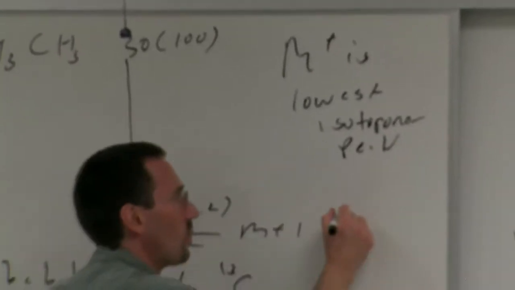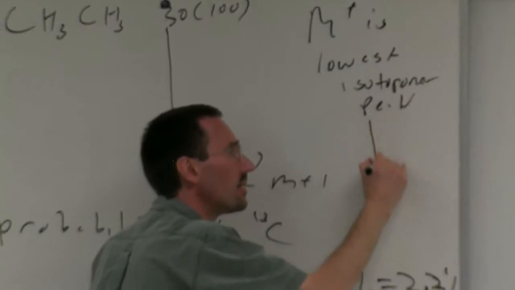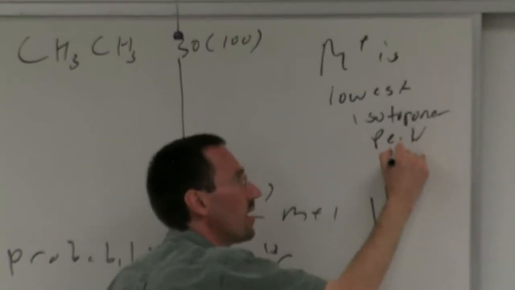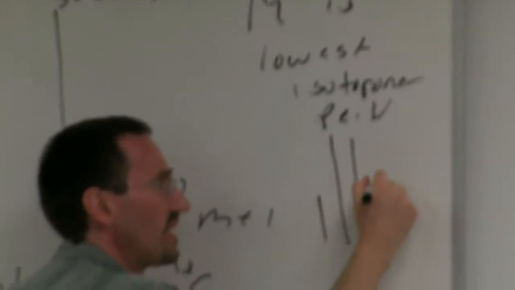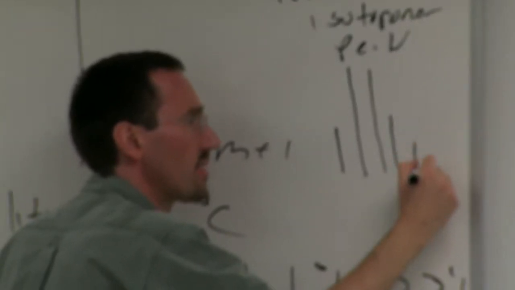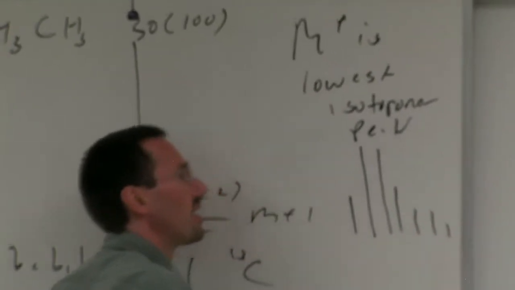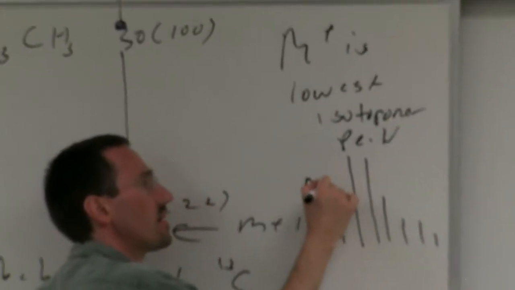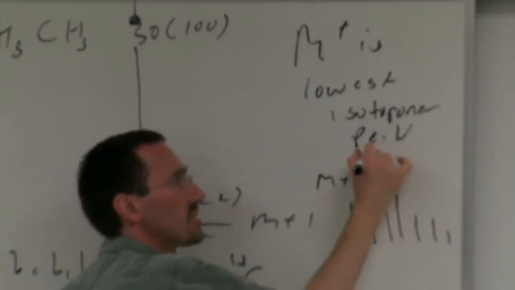So for example, if you had a compound with 200 carbons in it, you would see a pattern where you saw a peak, another peak, another peak, and I'm not giving you the exact pattern, but something like this. And this would still be your M plus.